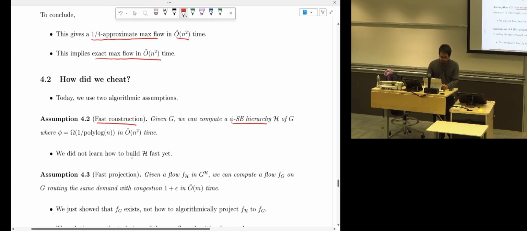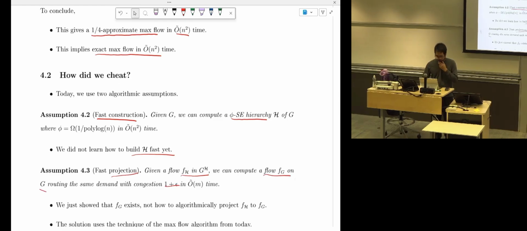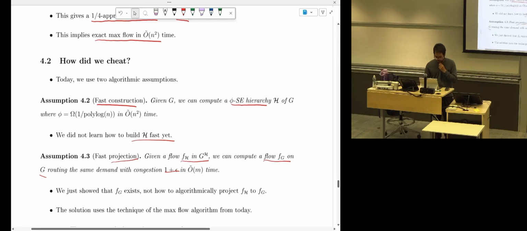We didn't learn how to do that fast yet. Next, we need a fast projection. Given a flow in the shortcut graph, I need to tell you how to project this down to a flow in G with low congestion. We just showed that it exists, but we need an algorithmic way to do it.